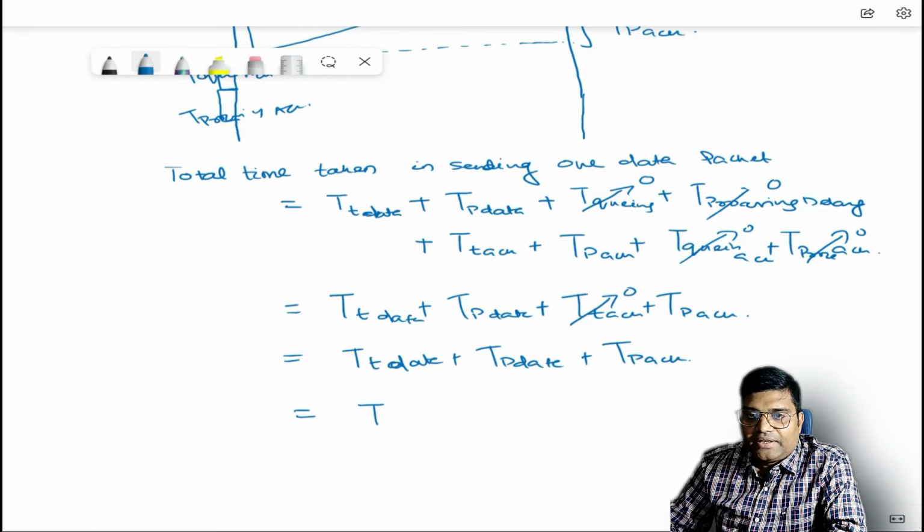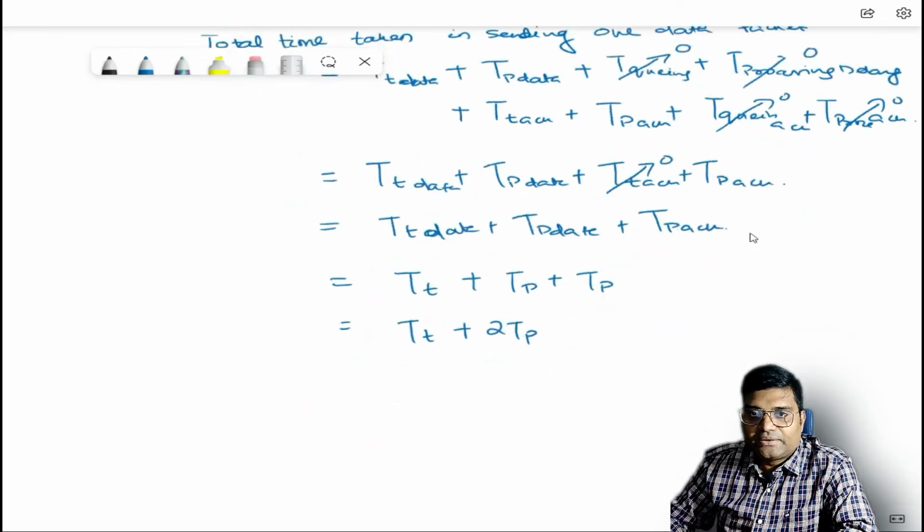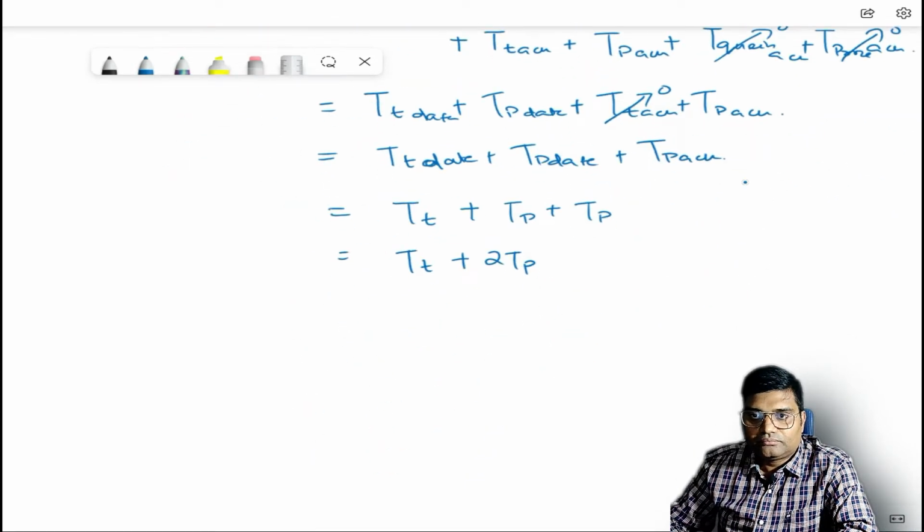So it is TT plus TP plus TP, which we can consider as transmission delay plus 2 TP. So the total time is TT plus 2 TP.